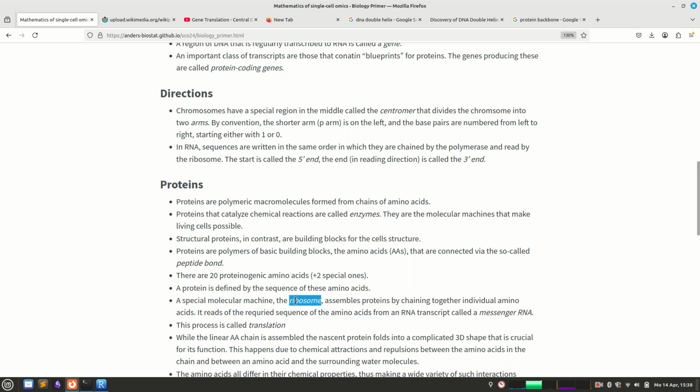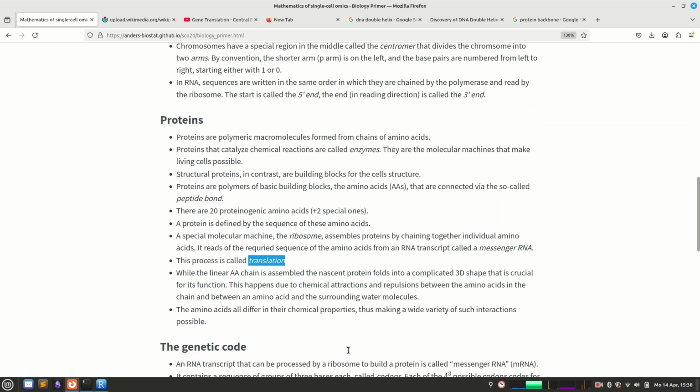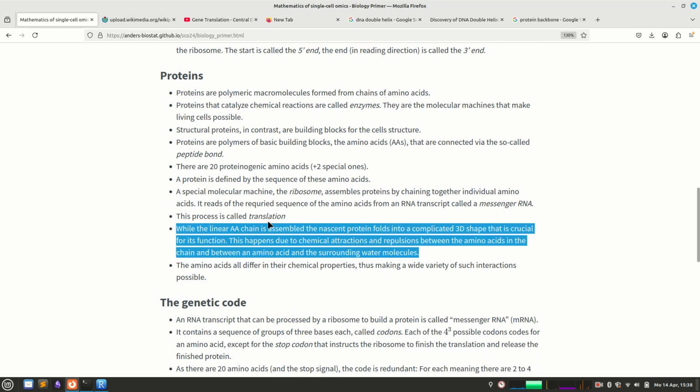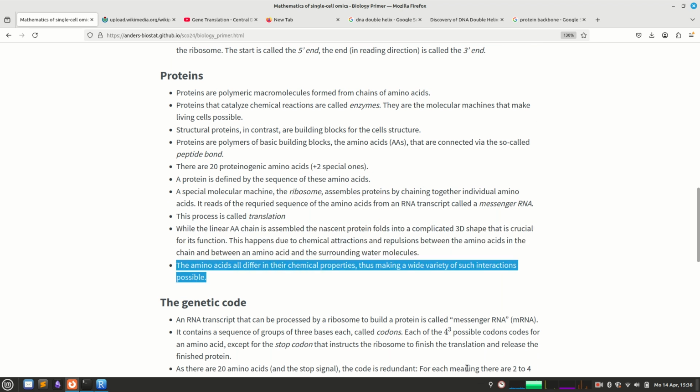The assembly is done by this special molecular machine, the ribosome, which we've just seen in process. We call this the translation because it translates according to the code. And in the end they fold. The reason why they fold is because each amino acid is a bit different.